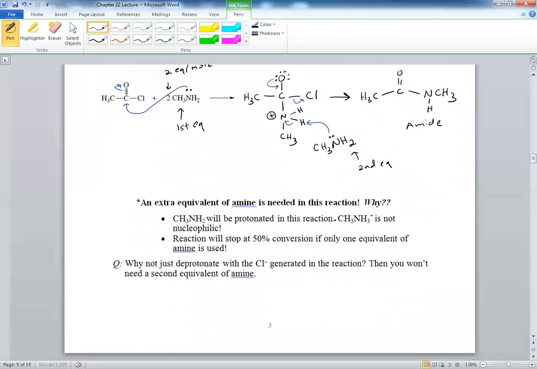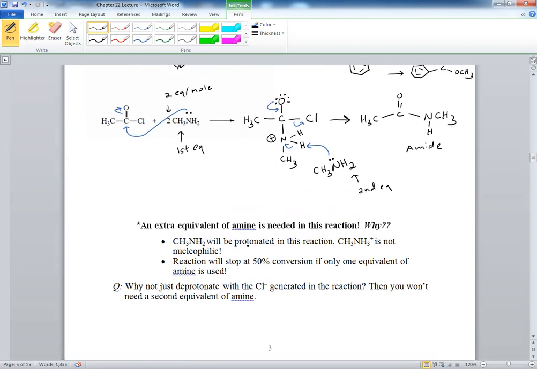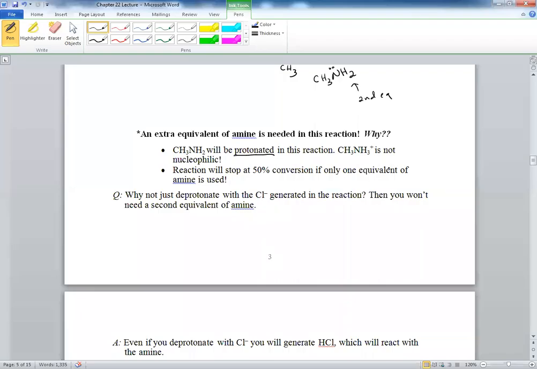So again, as we say, an extra equivalent of amine is needed for this reaction so that the first equivalence of the amine that's added as a nucleophile will be protonated. Therefore, the protonated amine is not nucleophilic.